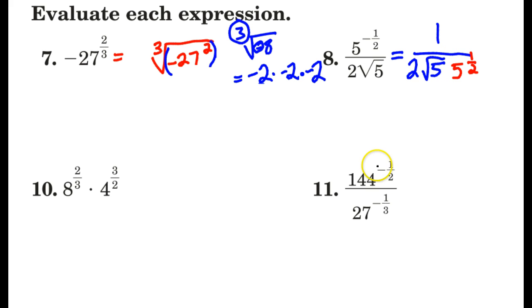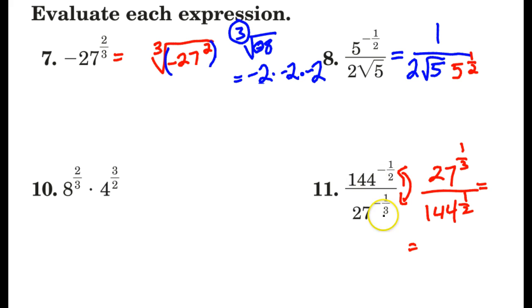In a case like number 11, see how they're both negative, so the whole thing will just flip around. So it'll be the cube root of 27 on top, and the square root of 144 on the bottom. Right, so negative exponents move top to bottom, bottom to top. What's the cube root of 27?